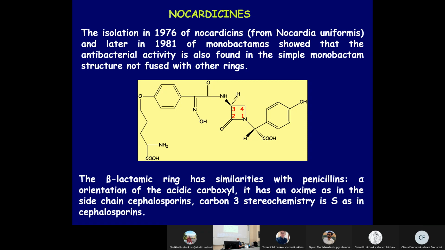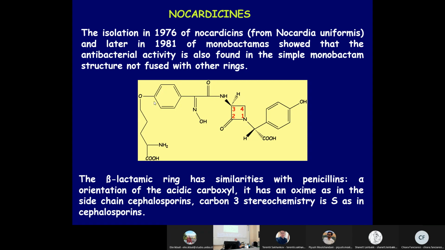So you can see how it's possible to simplify the chemical structure of penicillins, cephalosporins. In this case, the basic unit is represented only by the beta-lactam ring.